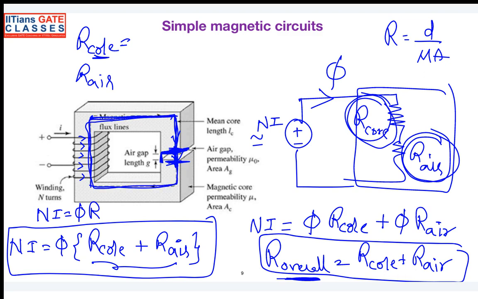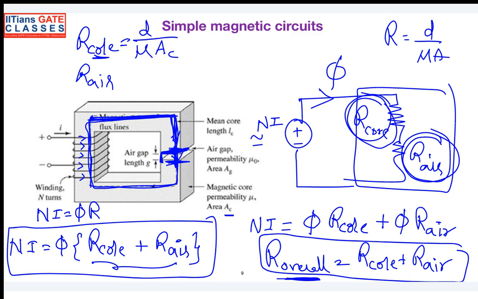So you should consider the whole distance of the flux which is passing through the core. That I was calling the mean free length of the flux, divided by mu into the area of the core. I have already given it here as AC. Sorry, AC is the circular area of cross section, or you can say the cross-sectional area of the core.